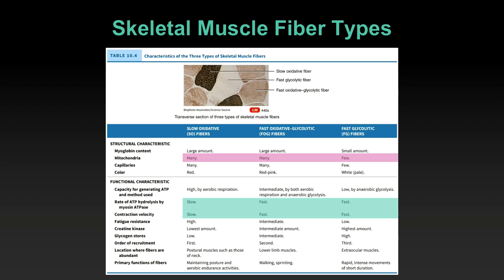Slow oxidative have a different type of myosin. ATP is broken down more slowly. The power stroke is slower. And the force that they generate is slower as well, or less as well. They're not powerful muscles.